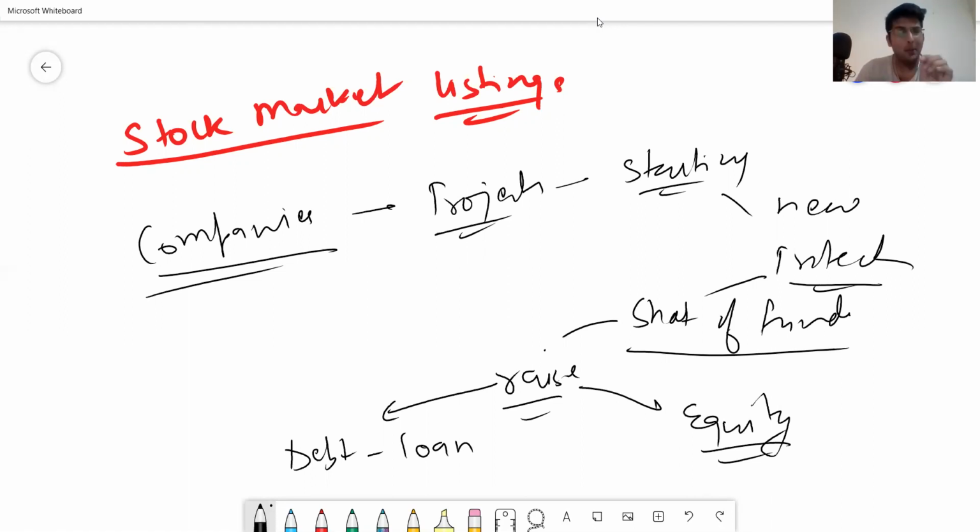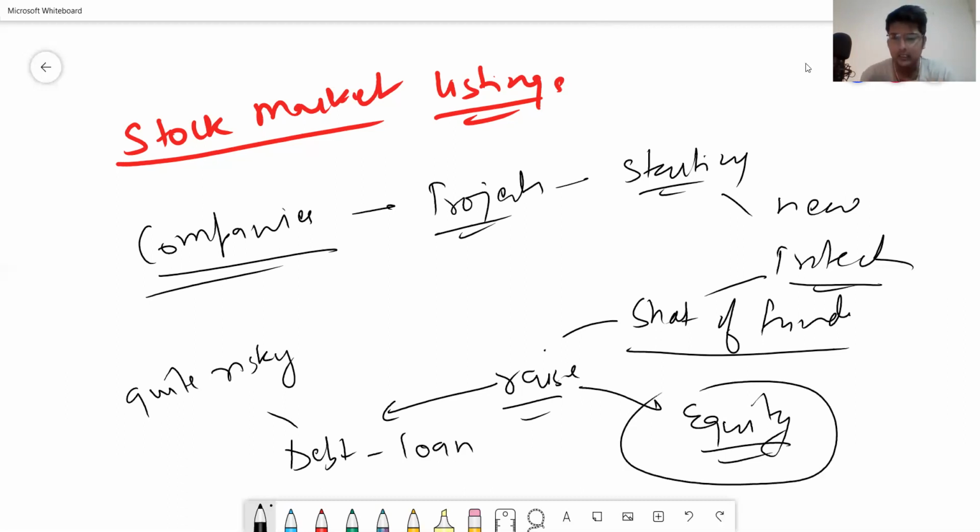That is debt. But the problem with debt is it becomes quite risky, because there will be contingency in the project as well. You don't know whether you'll be making a lot of money in the first 2 years or not. If you're not able to make money, how will you be able to provide that interest? And that's where equity comes into play.